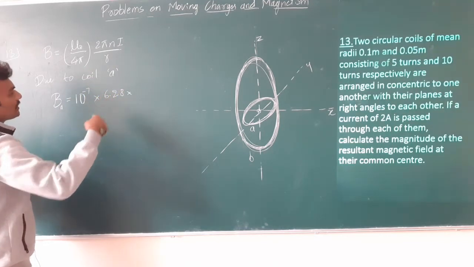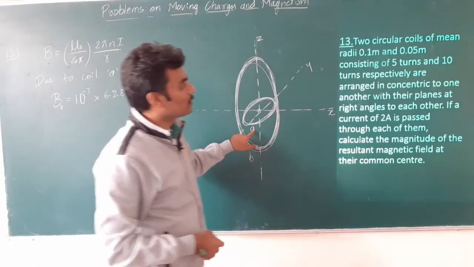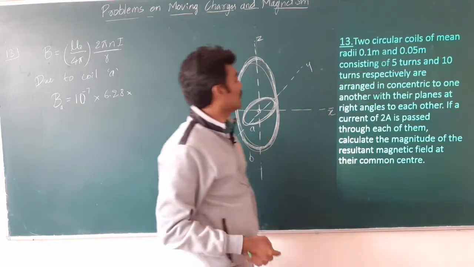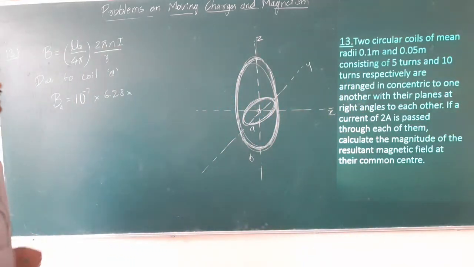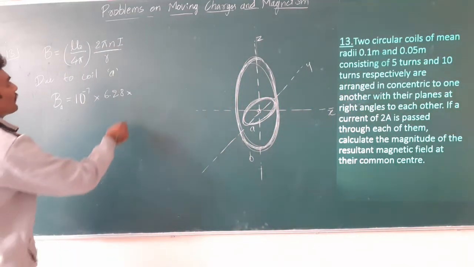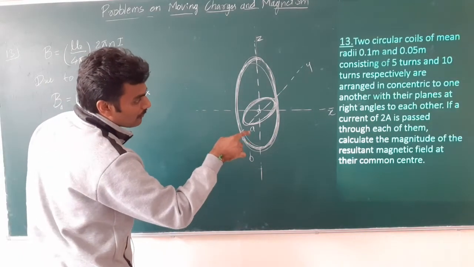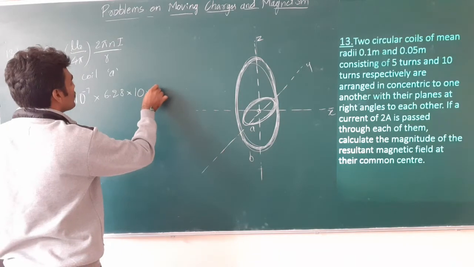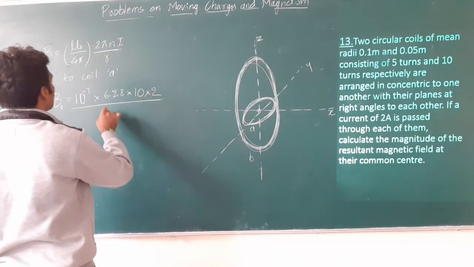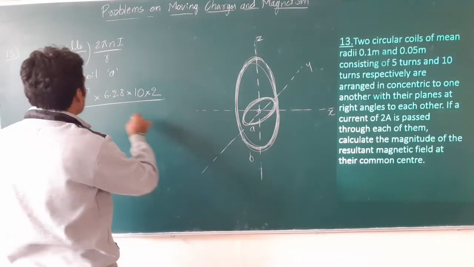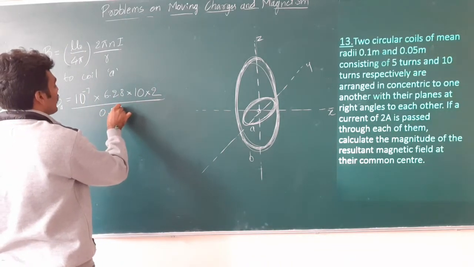What is the number of turns in coil A? Coil A is the smaller one, which has 10 turns, into 10. Current through each of them is 2 ampere, divided by R, the radius of the smaller coil, 0.05 meter.